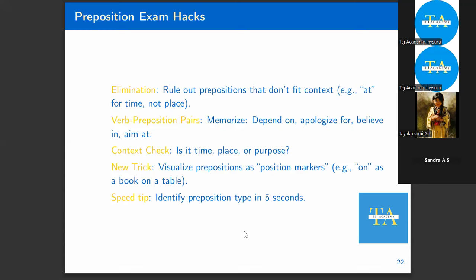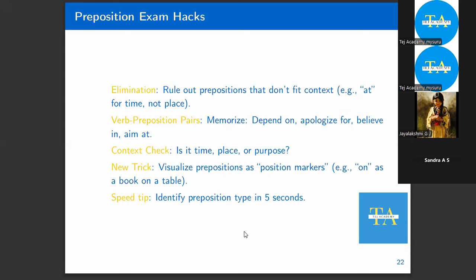Like we usually depend on our parents for money, and she apologized for her mistake, and believe in God. We don't say believe at God or believe the God. We can say believe in God, which means believing in the existence of something supernatural. And aim at, again, we have to aim at something good. We use "at" in such cases.